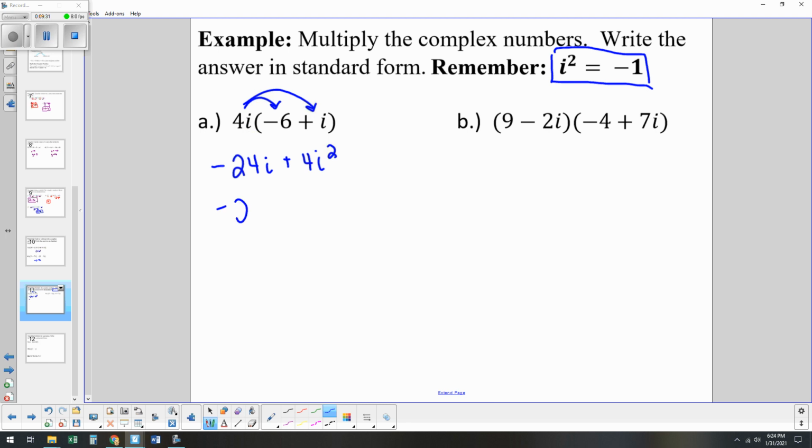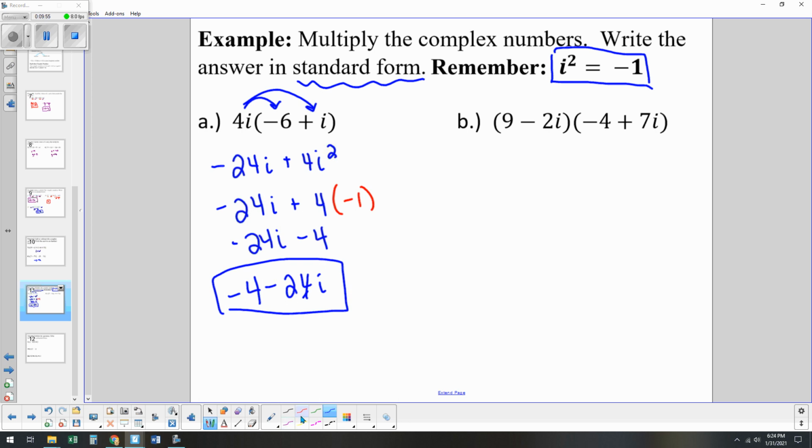So this is really negative 24i plus 4 times negative 1. So this is negative 24i minus 4. And because we want our answer written in standard form, I have to flip these around. So the 4 was negative, so it's negative 4. 24 was negative, minus 24i. And there's my answer for that one.